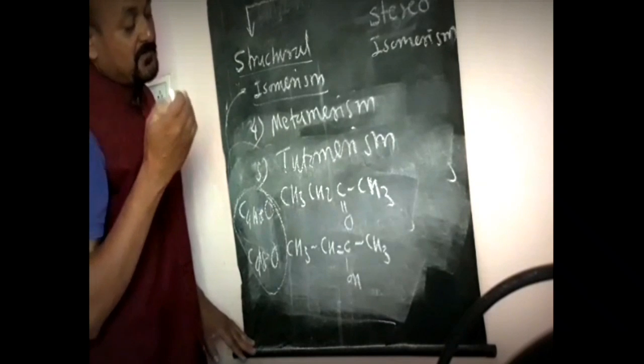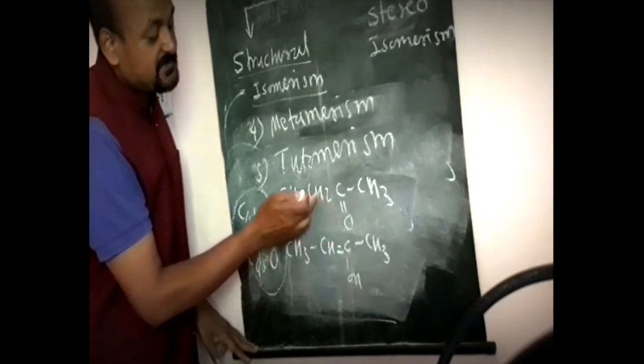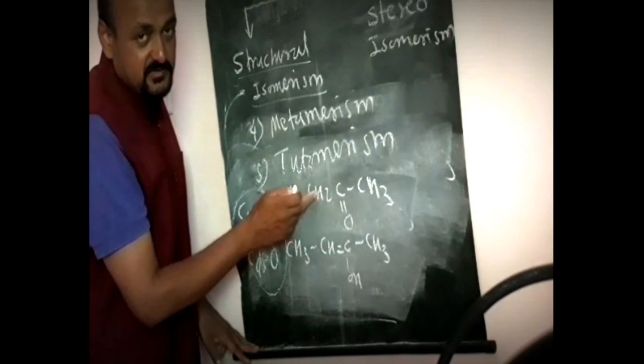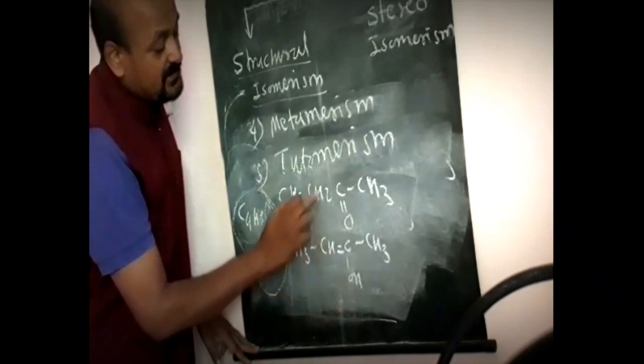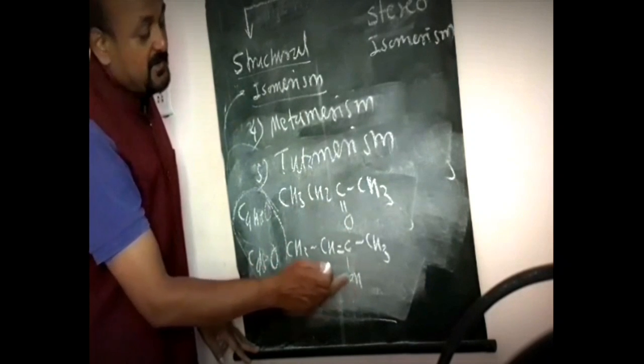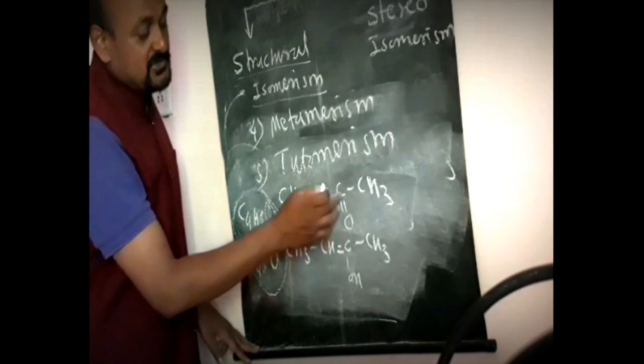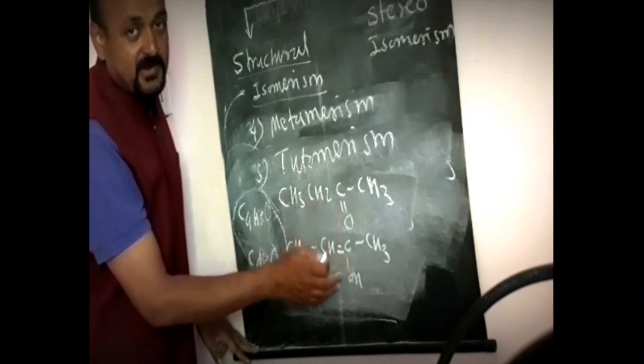But what about the position of hydrogen? Here the hydrogen is present at this position, whereas here this hydrogen is shifted to this oxygen. That means compounds having the same molecular formula, but the position of this hydrogen is different.